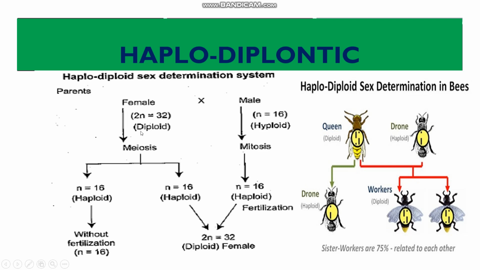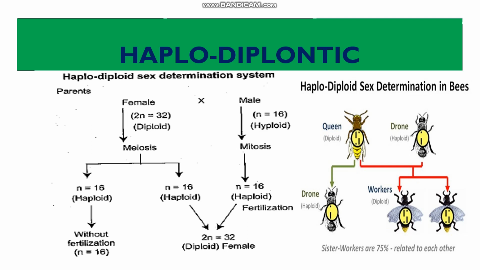That is, females are always diploid, males are haploid, female chromosome number is 32, male chromosome number is 16. Females produce gametes by meiosis, males produce gametes by mitosis. If the gamete of the female fuses with the male gamete, you get 2n equal to 32, that individual is a female. Whereas if the female gamete without fertilization develops into an individual, you get a male honeybee or drone.